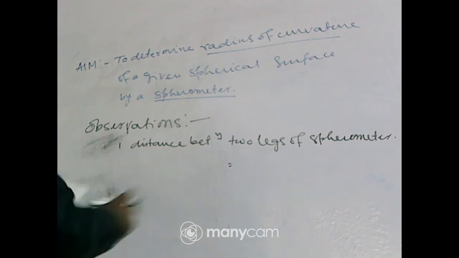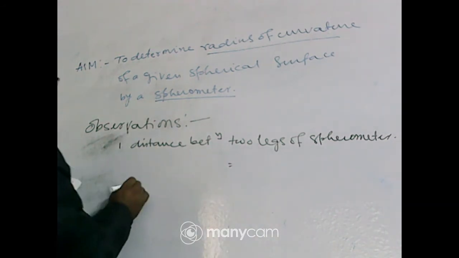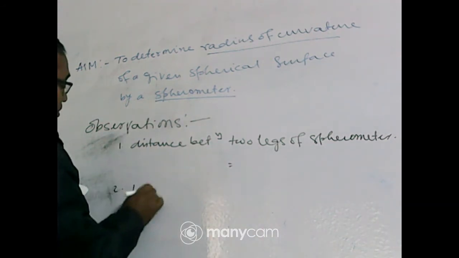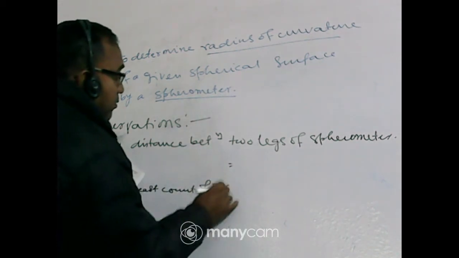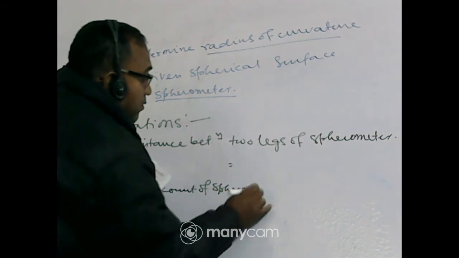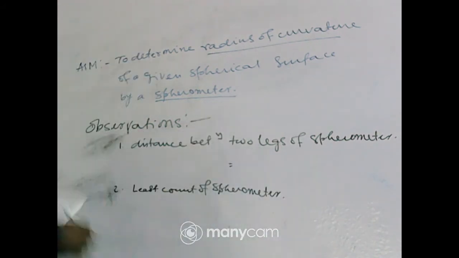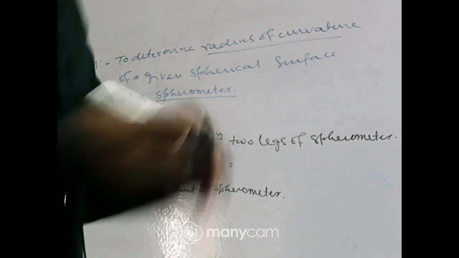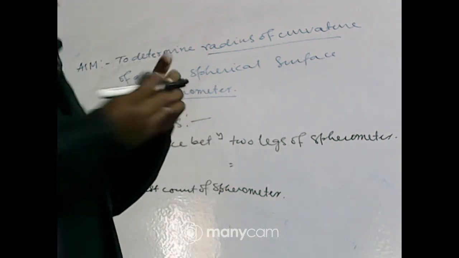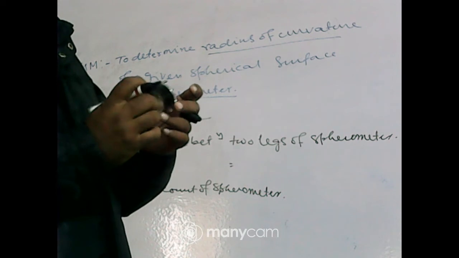And least count of the spherometer. How can we find out it? Pitch scale division, that means pitch of the scale. You first clear it. You see here, this is the circular scale.